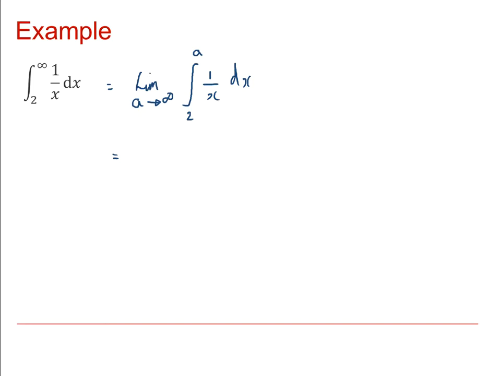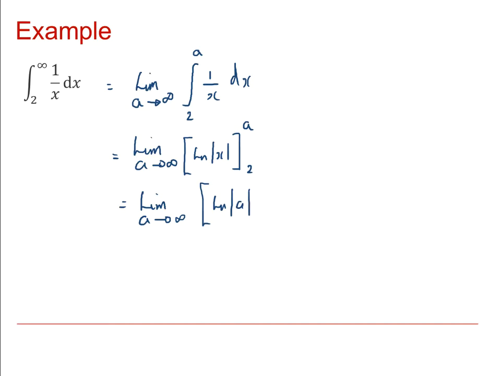Well, integrating 1 over x gives us natural log of mod x, so we're evaluating that between 2 and a, and then looking at the limit as a approaches infinity. That will be the limit as a approaches infinity of natural log mod a minus natural log of 2.